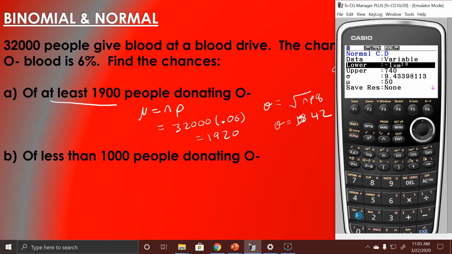Our lower, we want at least 1900, and we want to go up to infinity, so I'll put 10 to the 10th in there. Our standard deviation was 42, and our mean is 1920. We'll execute that, and we get a 68% chance that we get enough.